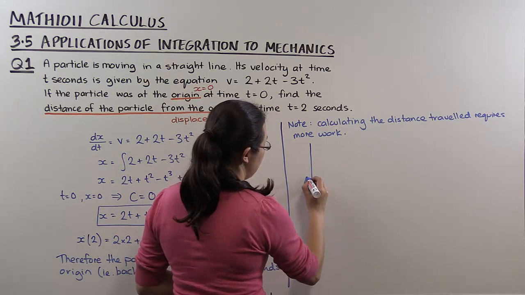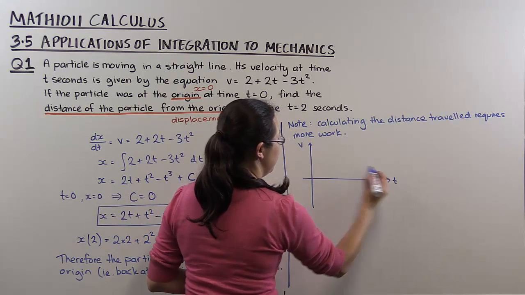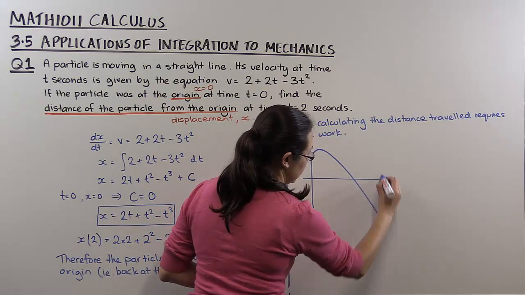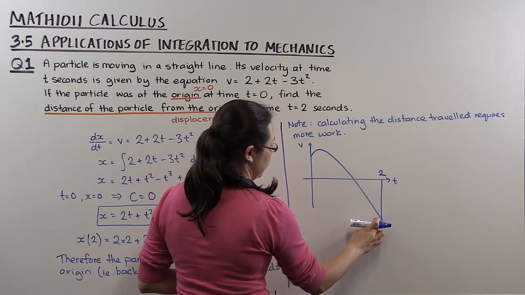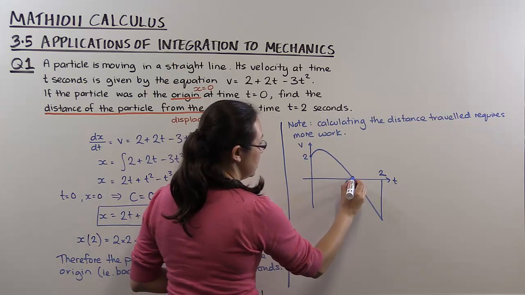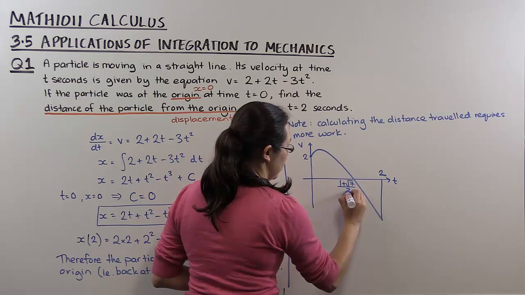So the graph of that parabola for velocity against time looks like this. At 2 seconds, it's got a negative velocity here. At 0 seconds, it's got a velocity of 2. Turns out that this intercept here is (1 plus root 7) all divided by 3.